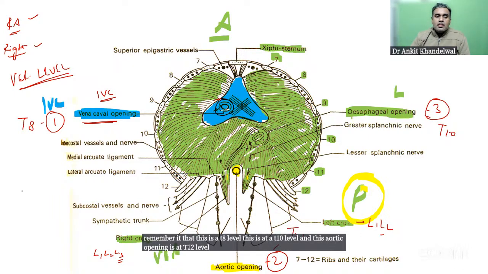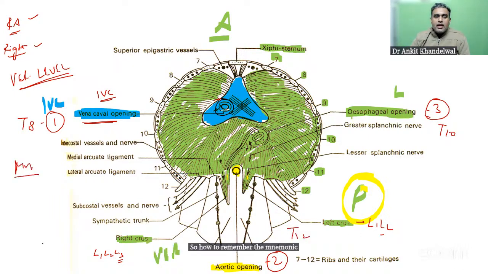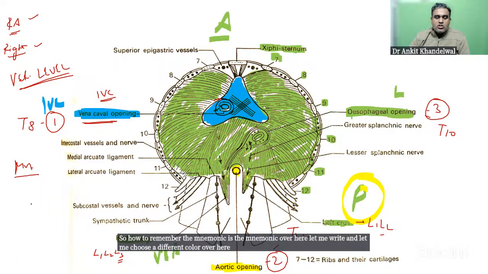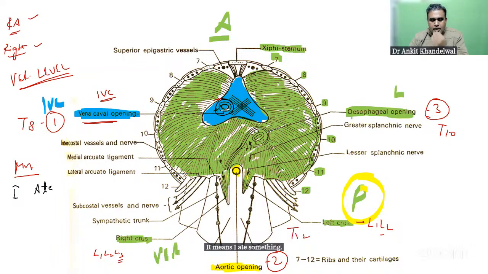So how to remember the mnemonic? Let me write it with a different color. The mnemonic for the major openings is: I ate 10 eggs at 12. 8 means I ate something, 10 eggs, at 12.